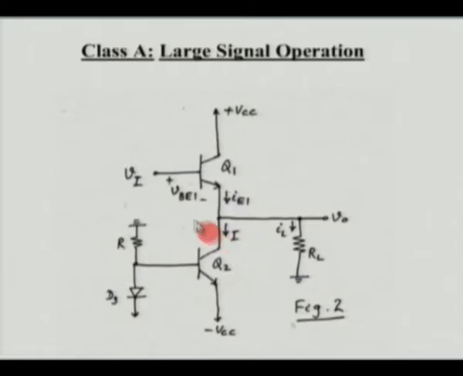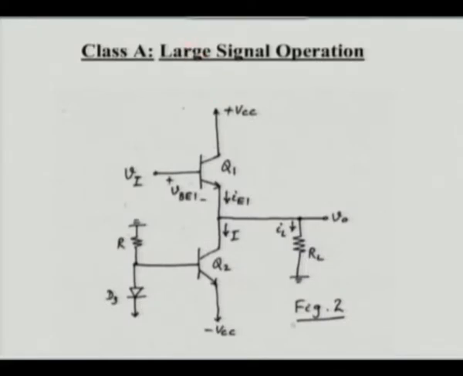Now when we apply a signal here, we want to see how exactly the output looks. As we said, since we are talking about a power amplifier, we are interested not in the small signal operation but in the large signal operation.